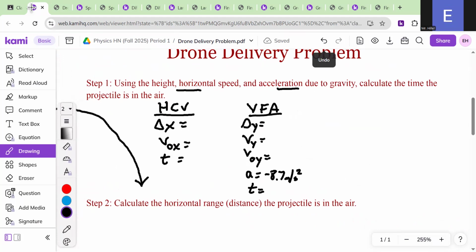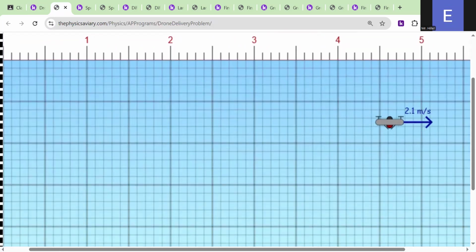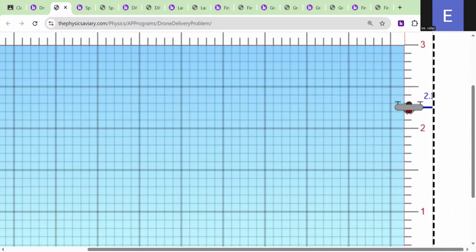What we're going to do is notice some information in the picture that will help us fill out some of the information that we need. So I'm going to go back to the picture. Notice my drone is at a height almost exactly halfway between 2.2 and 2.3, so I'm going to say 2.25.